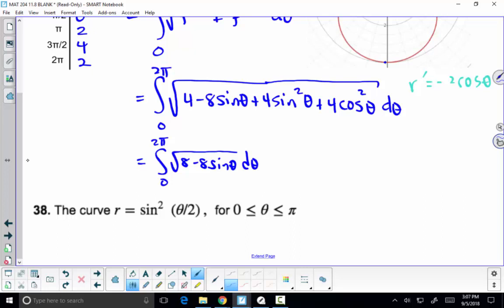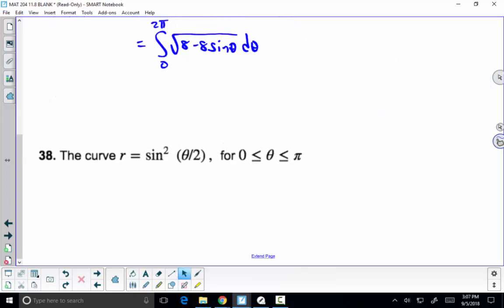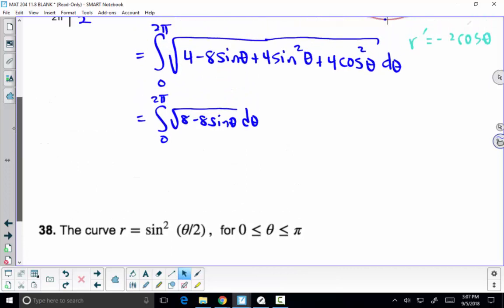What identity? Anyone notice an identity that we might be able to use? It's pretty close to 1 minus x squared. Like it's the square root of 1 minus the thing squared. It's going to be a half angle identity modified or something like that.